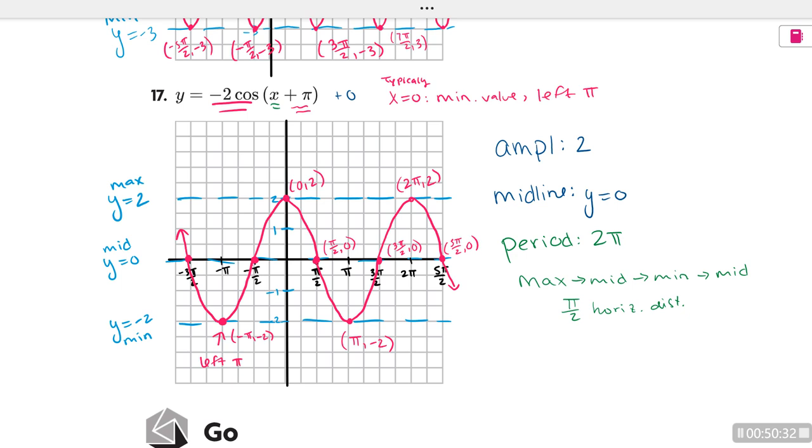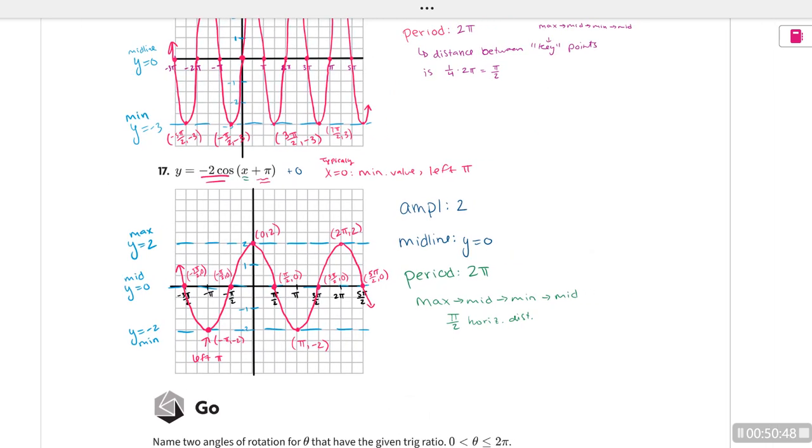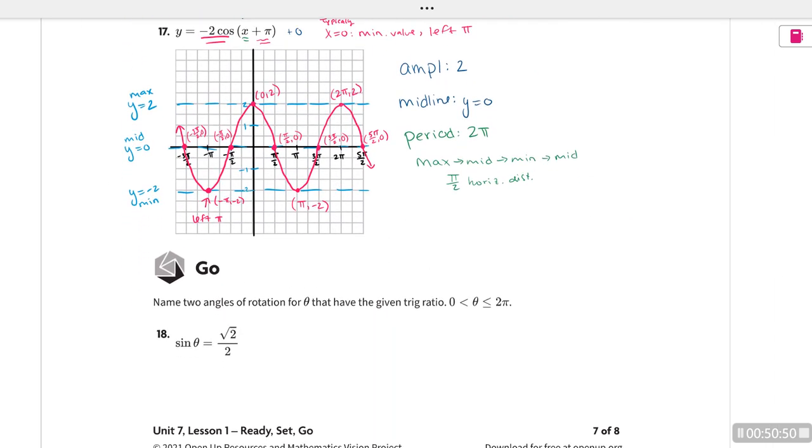I'm going to make that look like a 5. 5 pi. There we go. Here we have negative pi over 2, 0, and negative 3 pi over 2, 0. Okay, so we have 2 full periods.